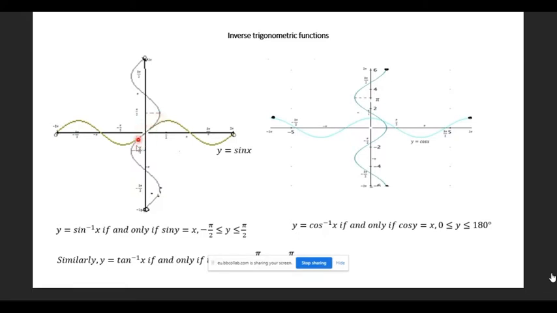But this is not the only interval over which it is going to be a function. Also from pi over 2 up to 3 pi over 2, it is going to be a function. Again, even from negative pi over 2 to negative 3 pi over 2, it is still going to be a function.